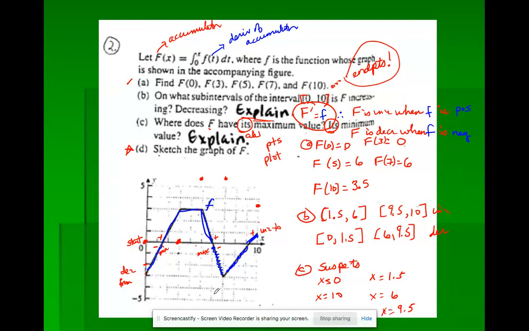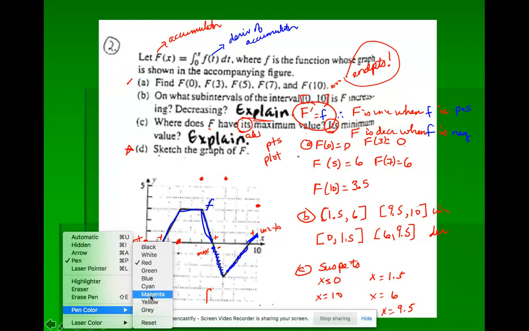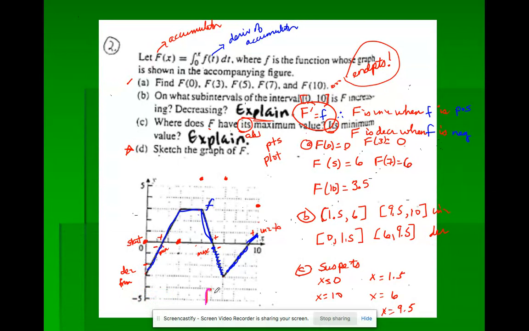The derivative of the blue graph, F double prime, does not exist at x equals, what is that? 1, 2, 3, 4, 5, and 7.